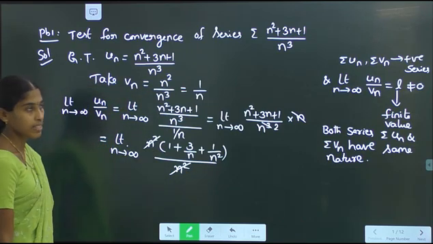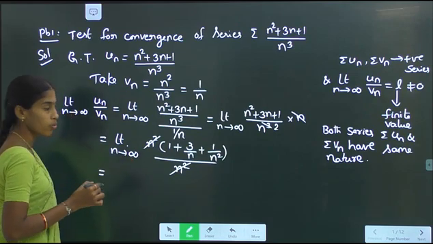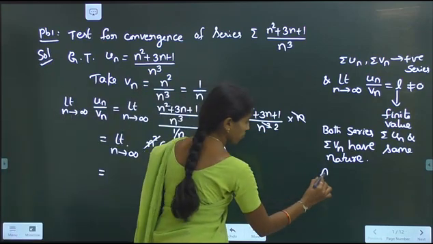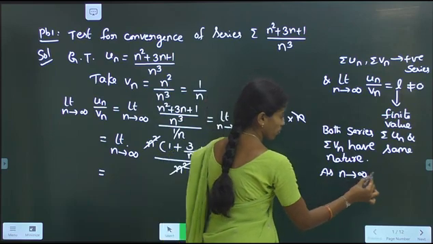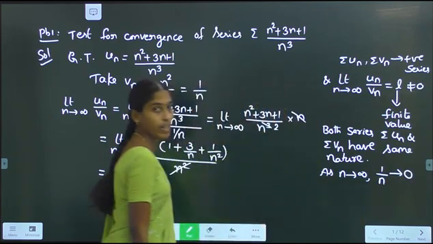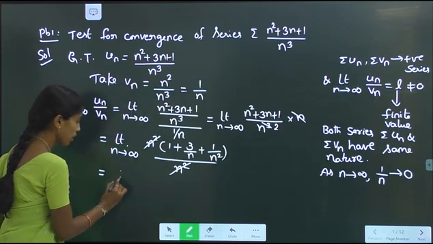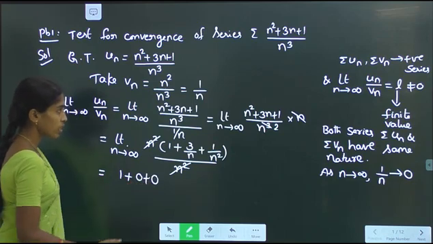n square gets cancelled. Now apply limit as n tends to infinity. As n tends to infinity, 1 by n tends to 0, right? So if you apply limit n tends to infinity, it becomes 1 plus 0 plus 0. What is the value?